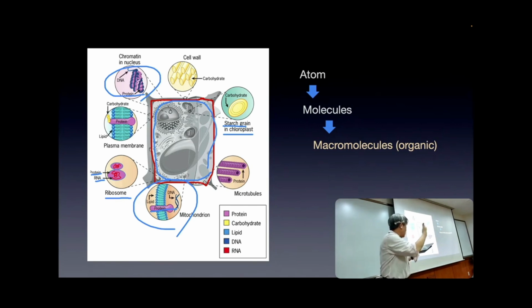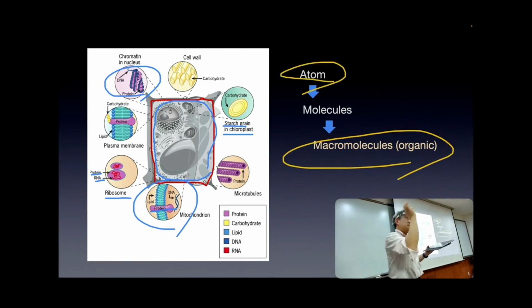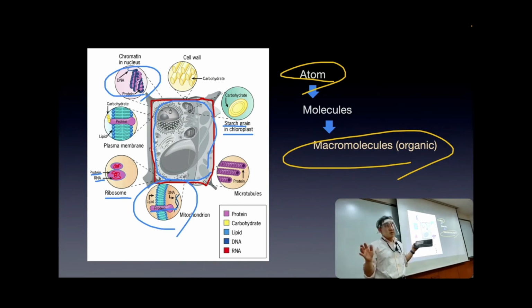And so all these macromolecules begin as smaller units, something like an atom. That is the fundamental basic small unit of all material. Of course, you can have much smaller subatomic particles, but this is not a physics class, so we don't worry about any subatomic particles.